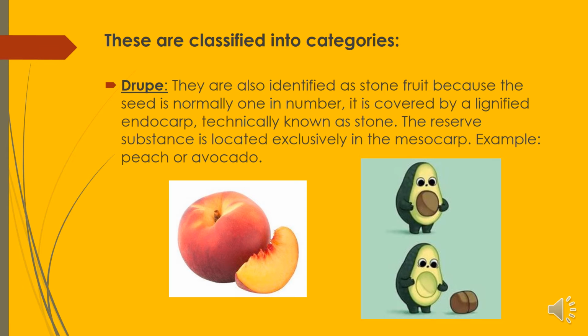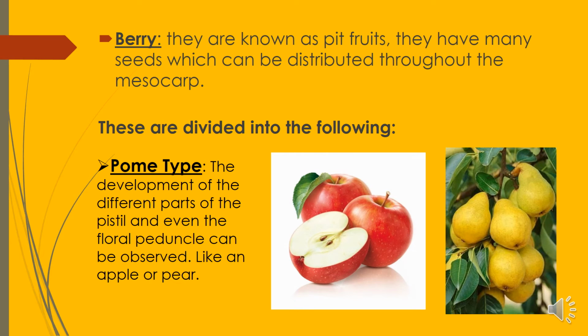The apple seed contains amygdalin, a substance that releases cyanide into the bloodstream when chewed and digested. The berry. There is no stone. There are many seeds which can be distributed throughout the mesocarp.